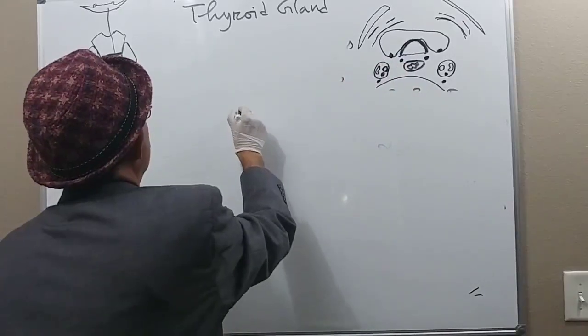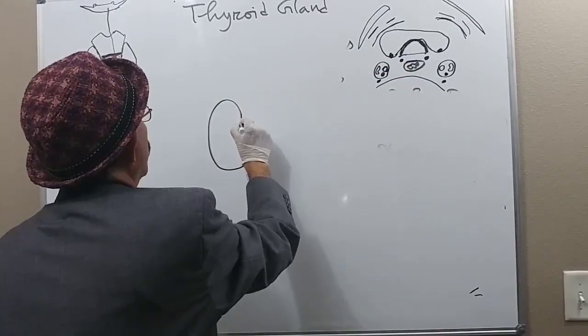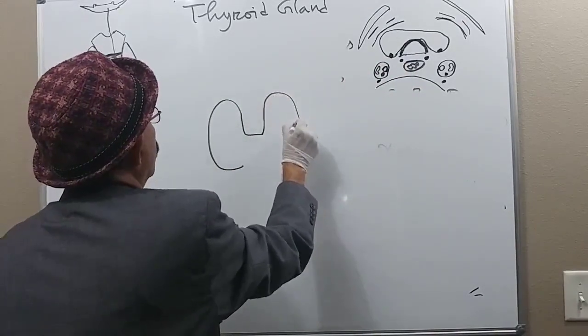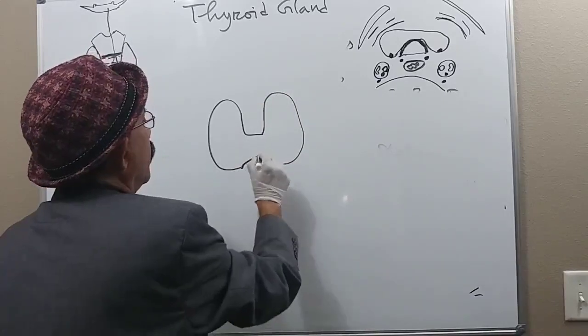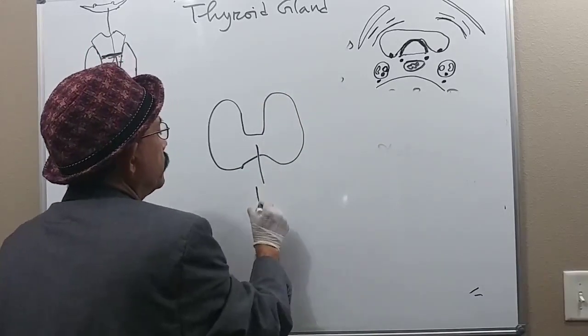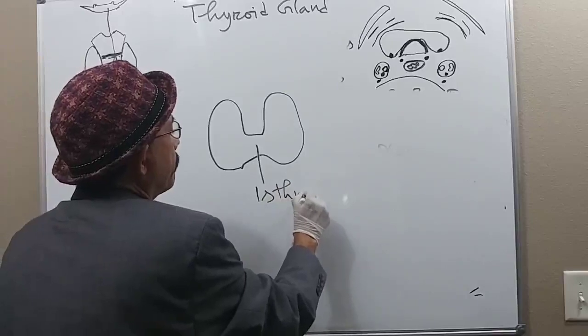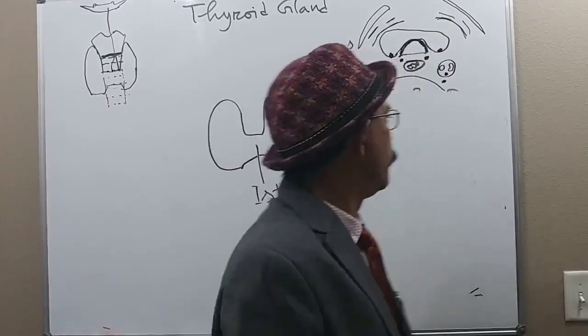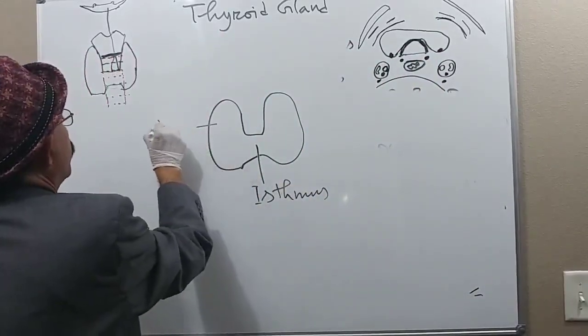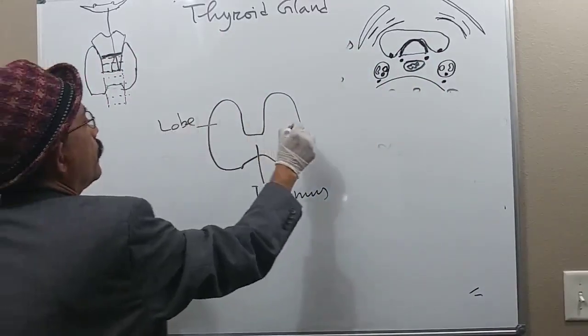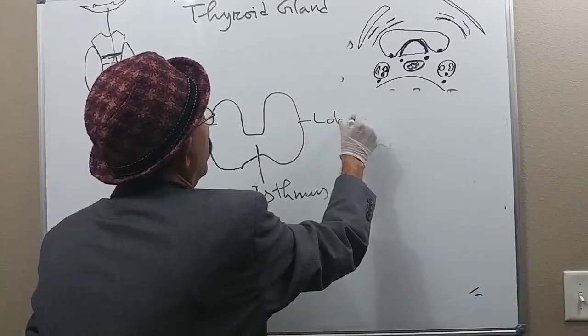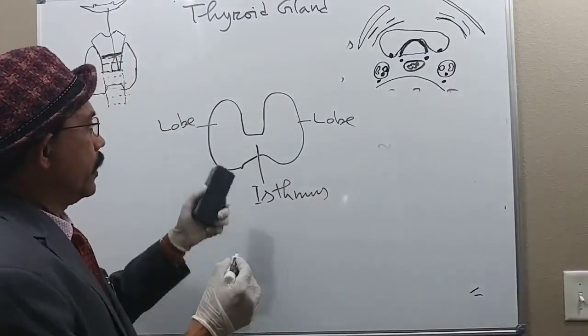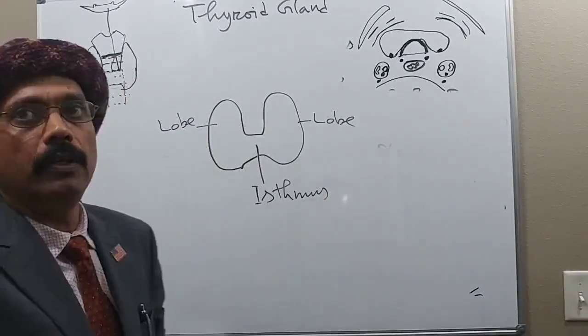We have two lobes of the thyroid gland and one isthmus: a lobe, another lobe, and connecting the lobes is the isthmus.